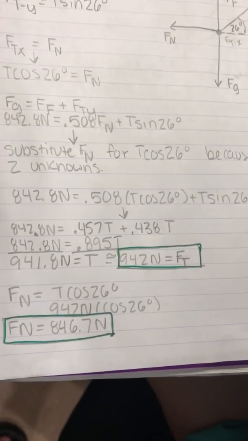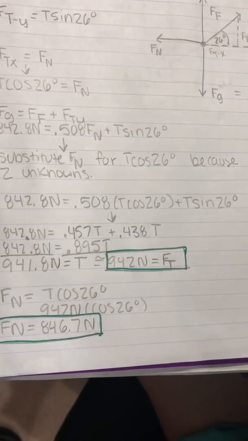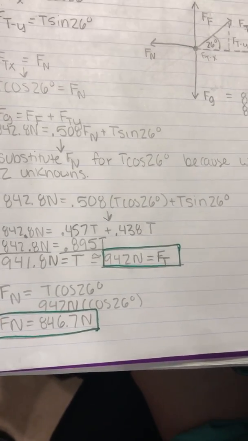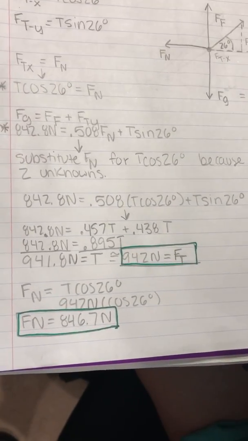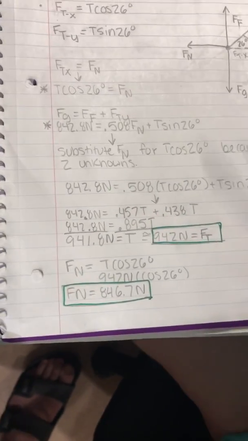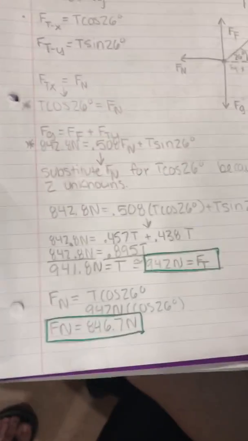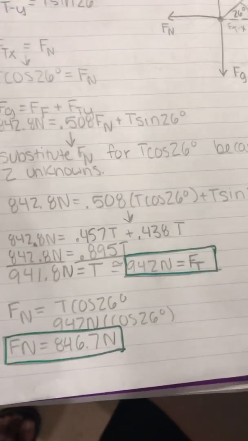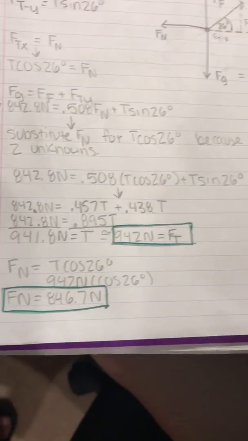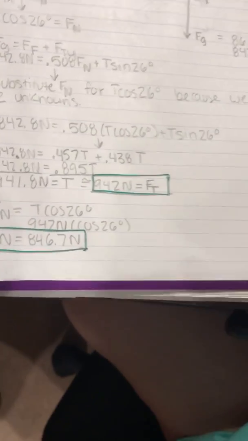So if we do that, we get 842.8 newtons equals 0.508 times T cosine of 26 degrees plus T sine of 26 degrees. Then what we're going to do is multiply cosine of 26 times 0.508 to get 0.457 times T, and we're going to add that to sine of 26 degrees times 0.508 to get 0.438.